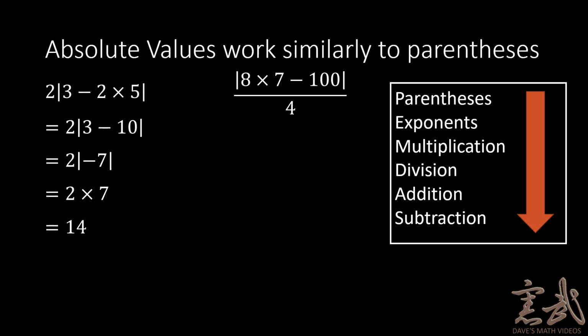Let's take a look at a different example. And I want you to try this one by yourself. So pause the video for as much as you need and try and evaluate this.